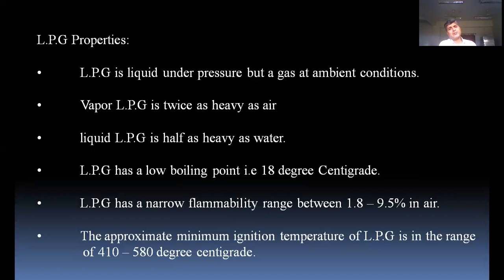LPG has a low boiling point, that is 18 degrees centigrade. LPG has a narrow flammability range, between 1.8 to 9.5% in air. LPG is colorless. The approximate minimum ignition temperature of LPG is in the range of 410 to 580 degrees centigrade.